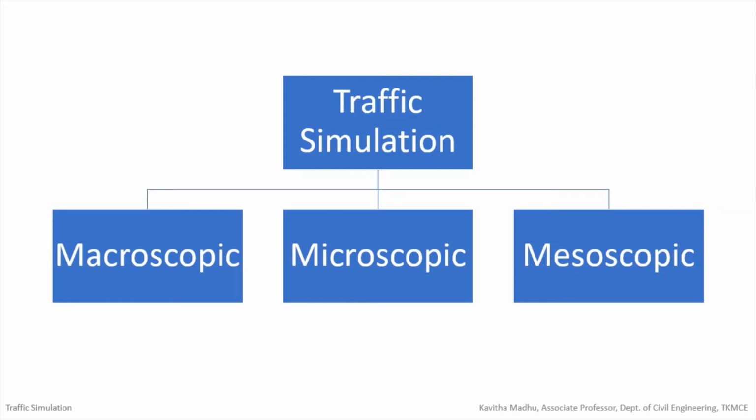Then moving on to the microscopic, we are going into the disaggregate level. The individual vehicles are considered, and how each interacts with other vehicles in the traffic stream, with the road geometry, and with the traffic control measures that we provide. All these interactions are studied in the microscopic model. You have studied the car following model, right?